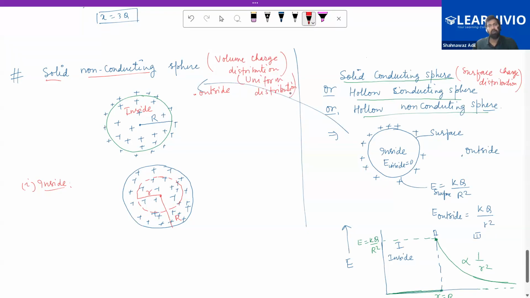So what will remain the same if I'm talking about uniform charge distribution?